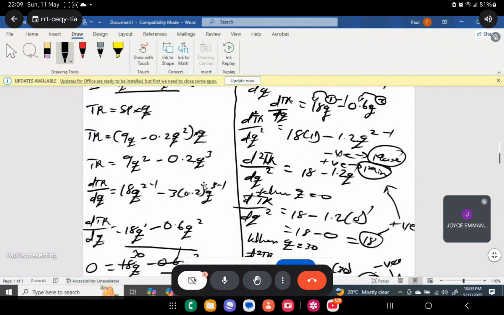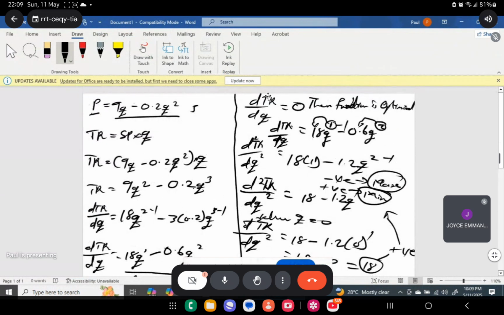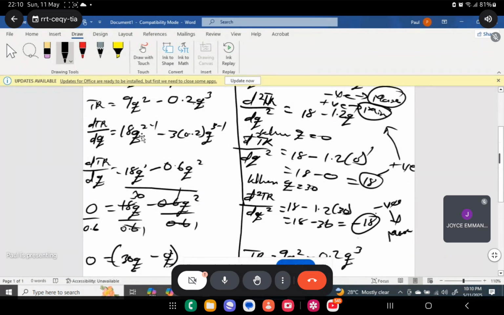To get that output level at which total revenue is maximized, I told you that it is when the first derivative of the function is equal to 0, then the function is optimized. So we differentiate the function for the first time and equate it to 0. Here we have to differentiate the function.